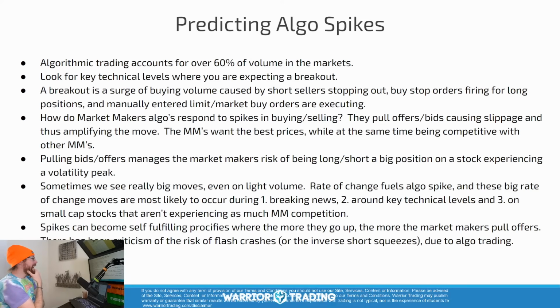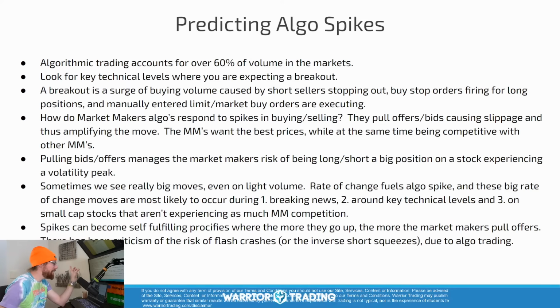So what are algo spikes? Well, algorithmic trading accounts for over 60% of the volume in the markets. These are trading algorithms that are generally run by institutional traders and or market makers. Now, we look for key technical levels where we are expecting a breakout.